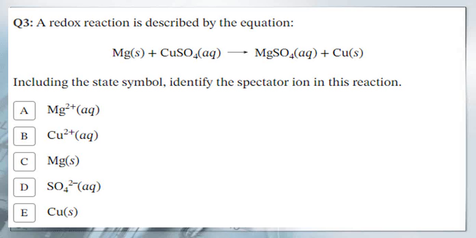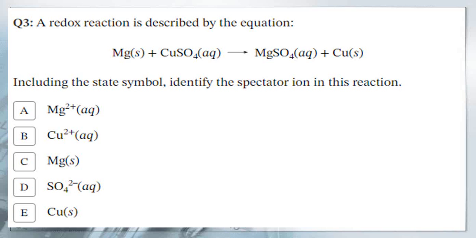When we discuss equations, we said that we have a kind of ion we call spectator ions. Spectator ions are like a doll in our reaction. What is the meaning?